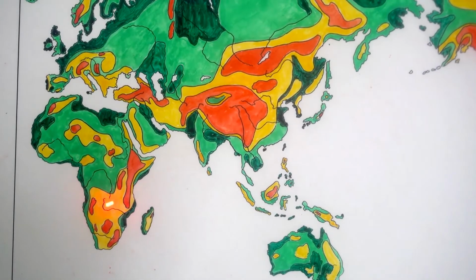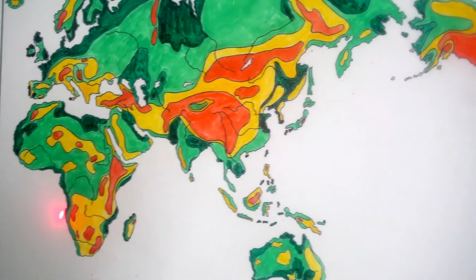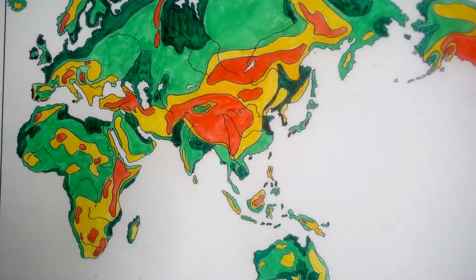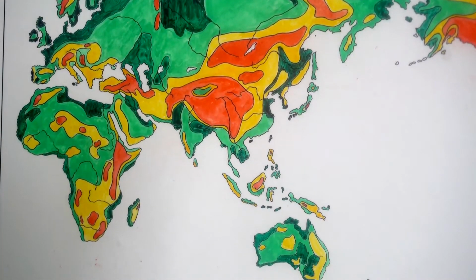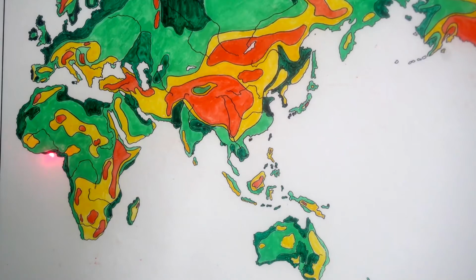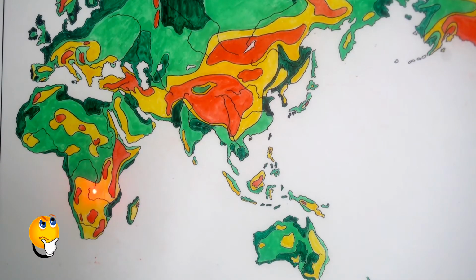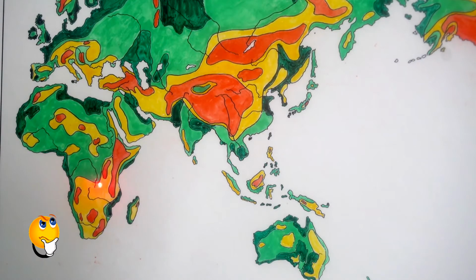So the source of this river is not likely to be rainfall, because you can see we have just minimal rainfall here. So this river also, I wonder where it gets its source from.